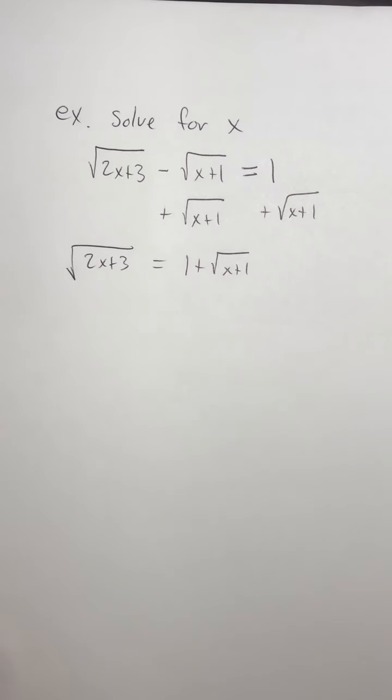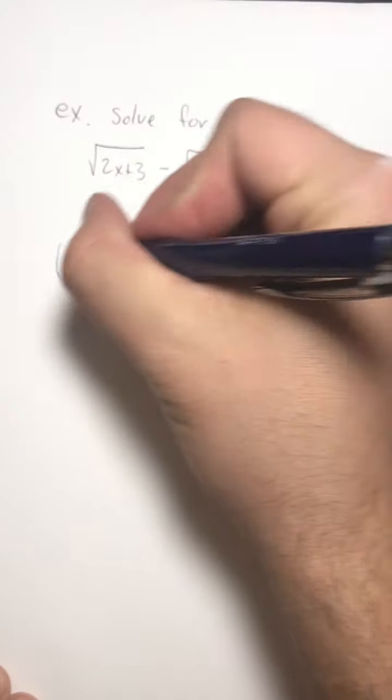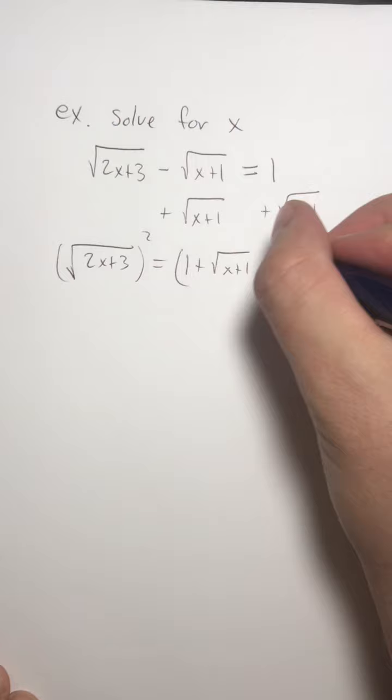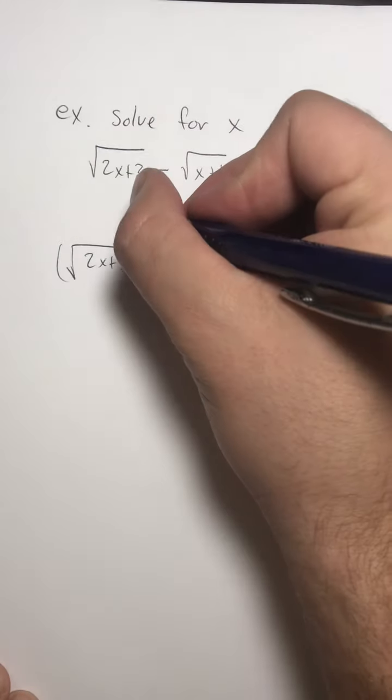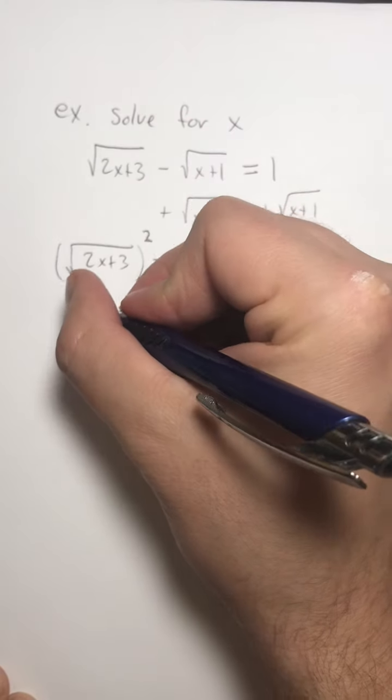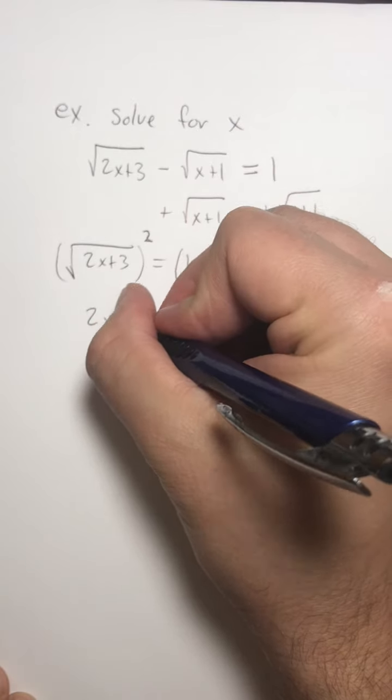Okay, the reason we did that is now we can clear that radical on the left by squaring both sides. On the right, the radical term, we're still going to have a radical term after we square.